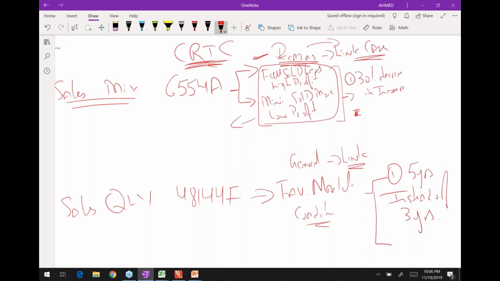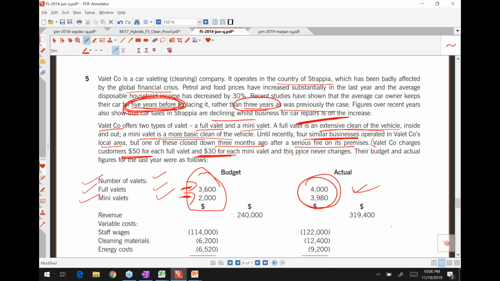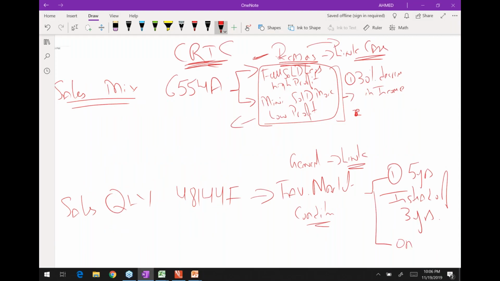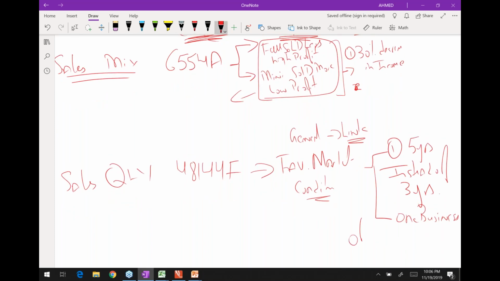Any other reason for favorable market condition? Yes. One business closed down. One business closed down 3 months ago. So the closure of a competitor's business was the other reason for favorable market condition.